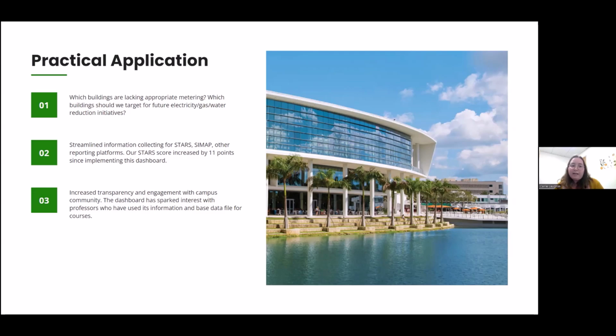I have had professors in the School of Architecture use the building sustainability dashboard for their courses with students, and have students focus on different buildings in groups and learn what they can about the green building features for those buildings, and kind of redesign it in a way to conserve the most energy. So it's gotten a lot of engagement, which has been really nice. And it's also brought awareness to our office and our initiatives on campus.